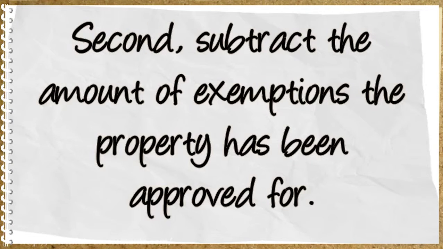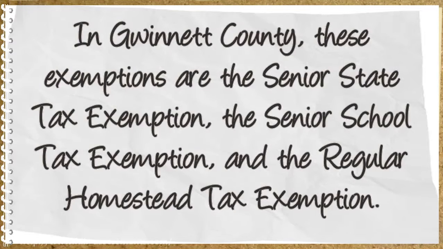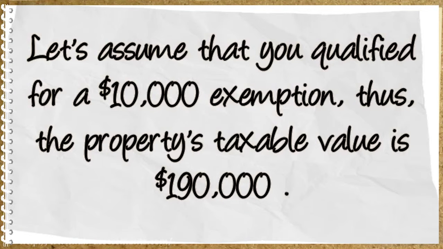Second, subtract the amount of exemptions the property has been approved for. In Gwinnett County, these exemptions are the senior state tax exemption, the senior school tax exemption, and the regular homestead tax exemption. Let's assume that you qualified for a $10,000 exemption, thus, the property's taxable value is $190,000.